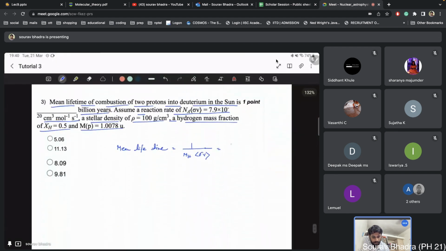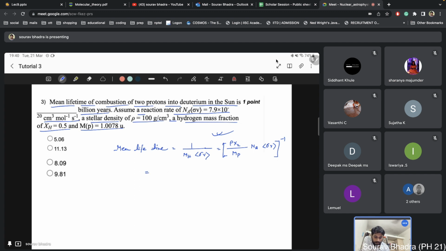So that will be rho x2 divided by Na sigma v, and 1.0078, is it given, and this MP. I think all of you have gone through the lectures and you can relate what I am writing here. In the third week lecture it is given there itself.